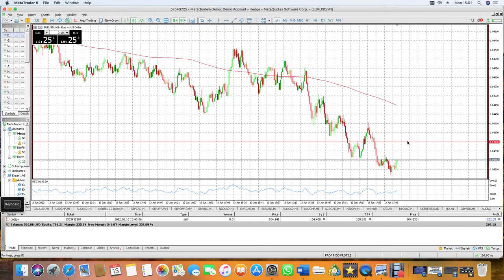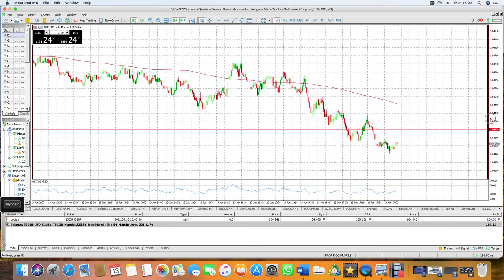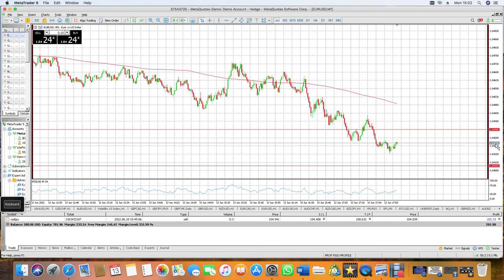And when you are selling, to get your 10 pips, let's say the current price is .24, and you want to sell, minus 10 and take your profit at 10 pips, it will be 0.04, that's 14.